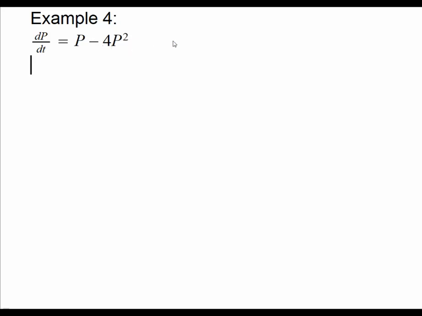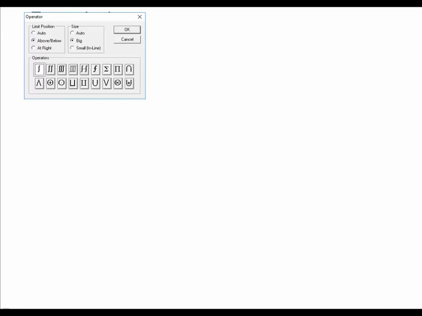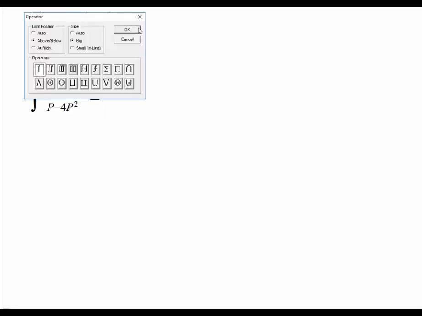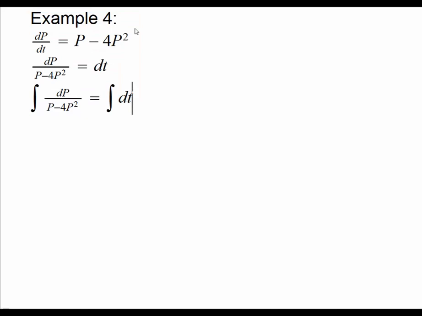In this case, if we separate the variables just as we have been doing, we have p minus 4p squared here, and we got simply dt. Then when we integrate, the right hand side is pretty simple and straightforward. That is going to be simply t.